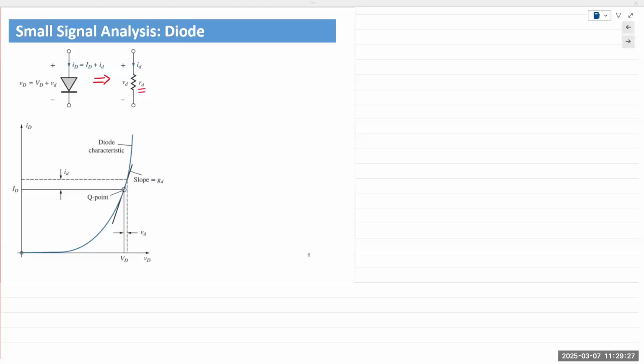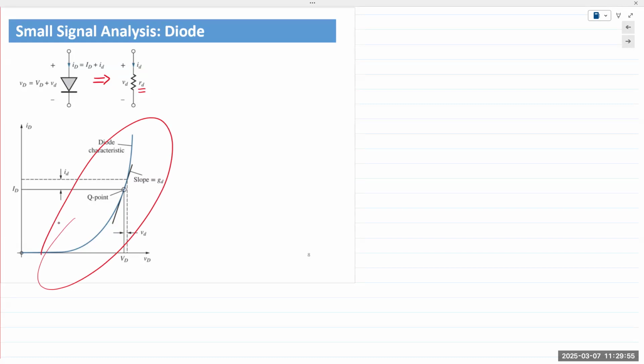So now, if you're analyzing this just for AC, as evident, again, all lowercase subscripts and notations. So this is all AC, right? VD, RD, ID is all AC. If we take any point along the diode characteristic, any single point, we can find the diode resistance at that point by applying Ohm's law.